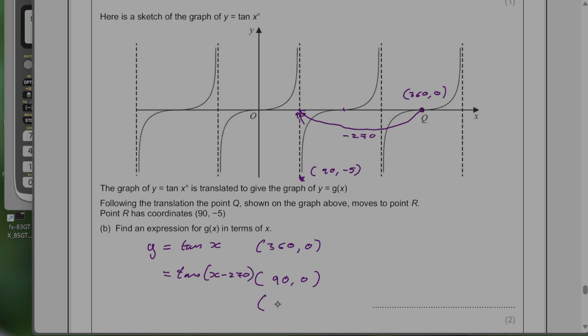But we actually want it to go to 90, minus 5. So that's actually the translation of tan of x minus 270, minus 5. So we're looking for an expression for g of x in terms of x. So we're looking at tan of x minus 270 minus 5.